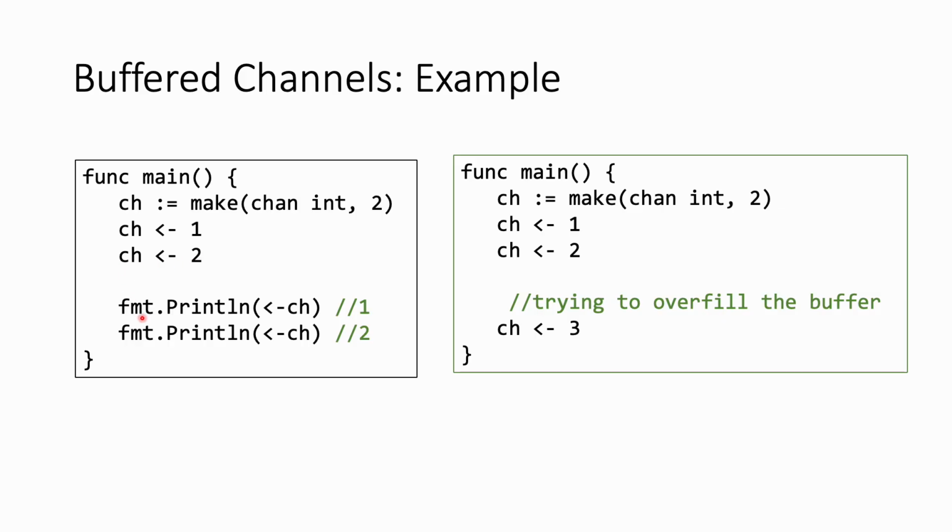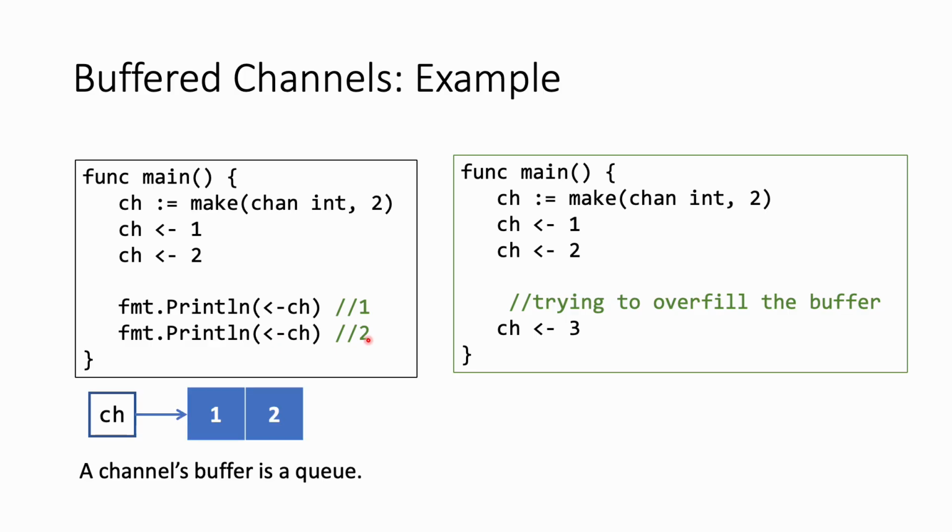Finally, we make two receives from channel ch and print out the result. The first receive returns number 1, and the second receive returns number 2. This means that the buffer of a channel is a queue, which operates in the first in, first out basis.